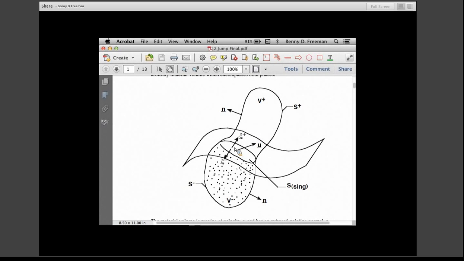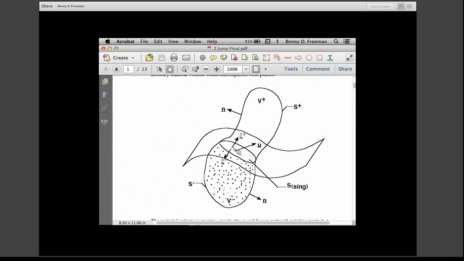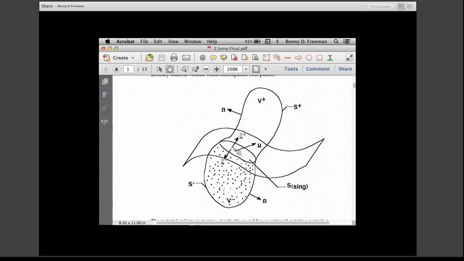And so you can imagine if you have a liquid-gas interface, just in the gas phase, the density is going to be on the order of magnitude 1,000 times less than it is just across that phase interface in the liquid phase. And so we'll make a distinction between the density right at that interface in the gas phase and the density right at that interface in the liquid phase, right?